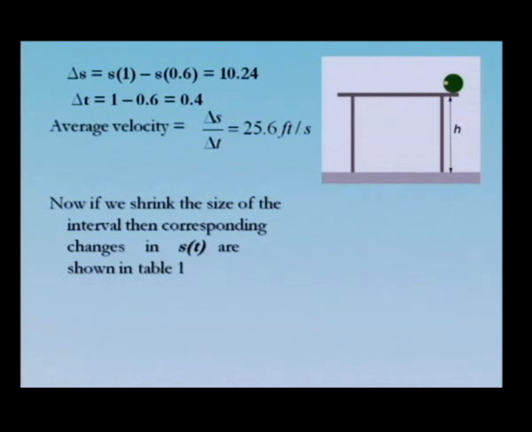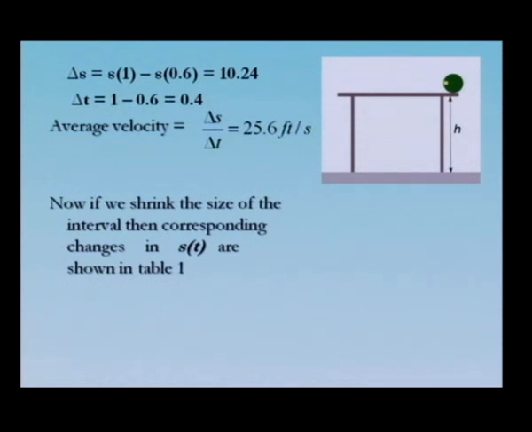So the change in position is delta s equals s(1) minus s(0.6), that is 10.24, and the change in time is delta t equals 1 minus 0.6, that is 0.4. Using the formula of average velocity, we calculate average velocity equals 25.6 feet per second. So this is the average velocity in the time interval 0.6 to 1.